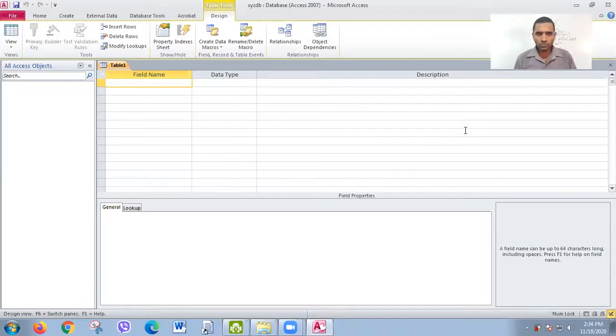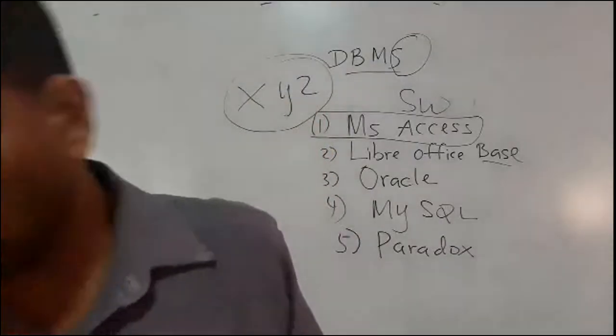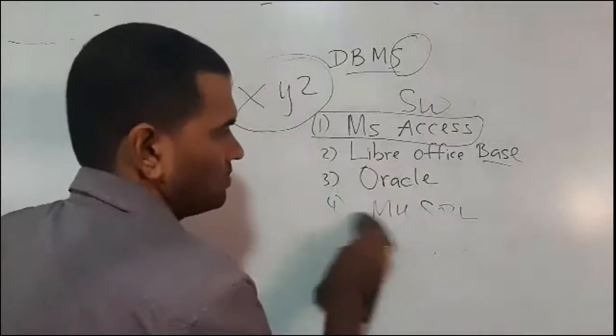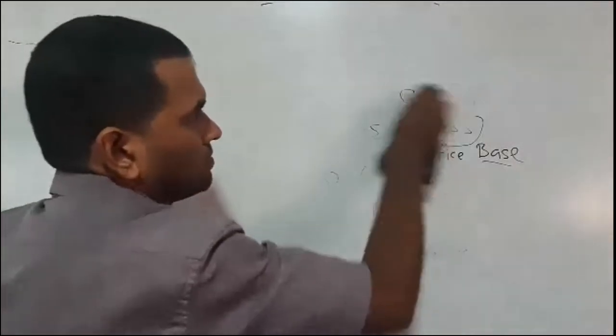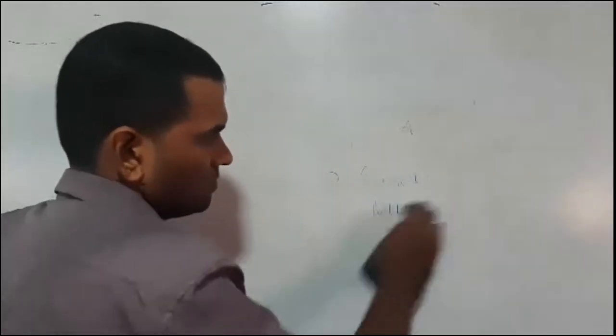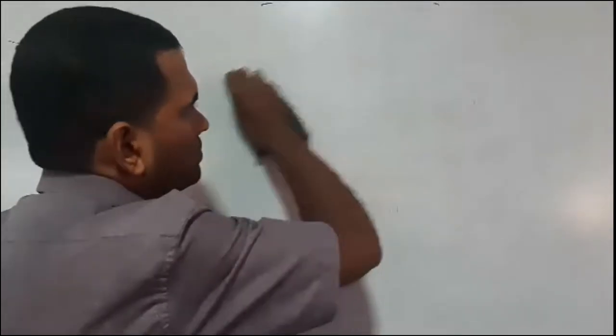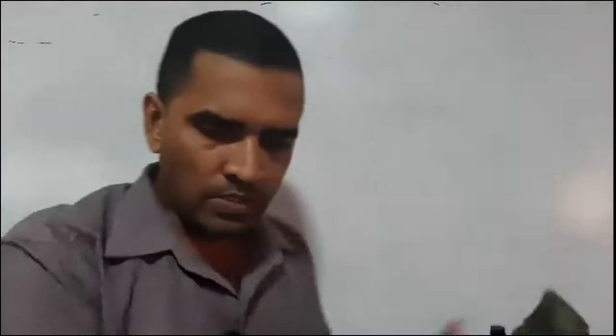In this view, you have to define your table. You have to define your table. In this particular view, as I said earlier, you have to define or design your table. What does design mean?